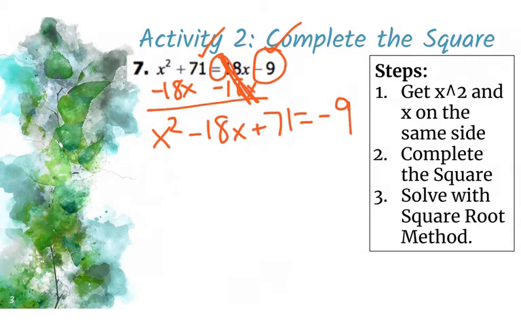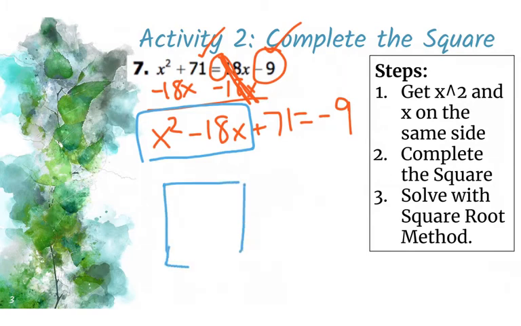So what I'm going to do is take these two terms and make a perfect square with them. The first term always goes in the first box. Now, these two boxes have got to be the same exact number. So I have two boxes.